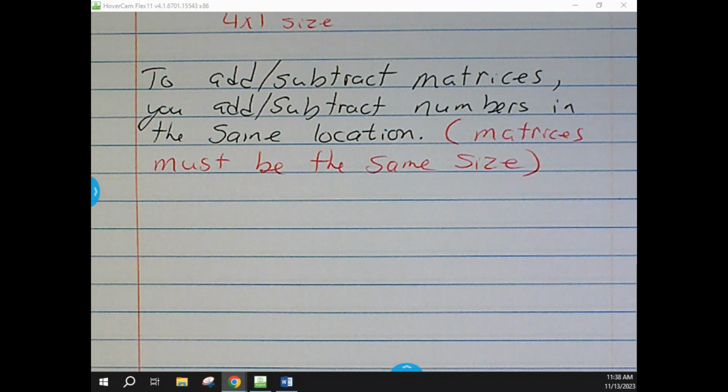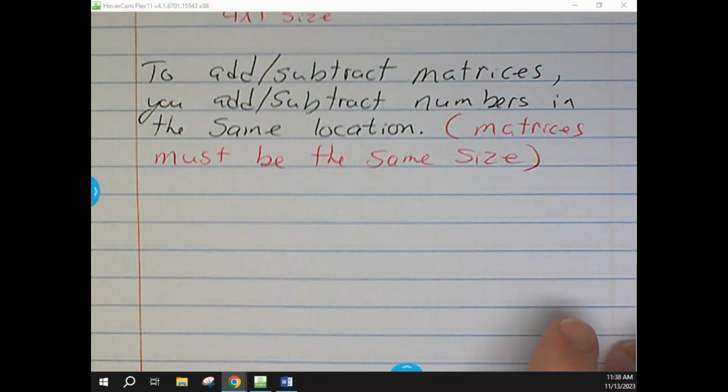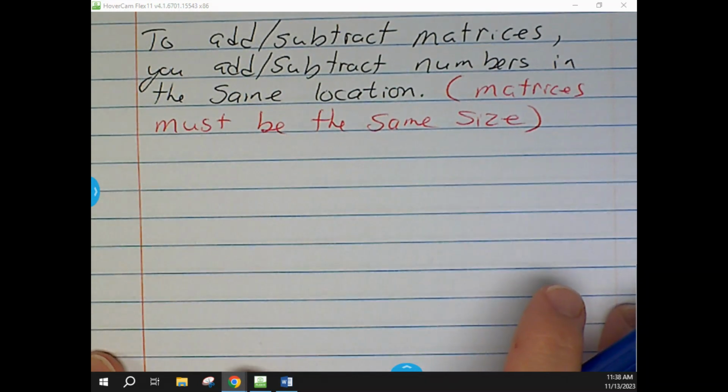What we're going to do is give you two matrices, and we're going to add them and subtract them just so you can see what it is. It's not mind blowing. You're going to look at it and go, yeah, that's what it is.